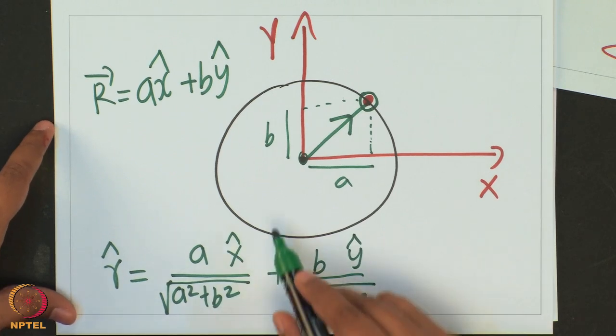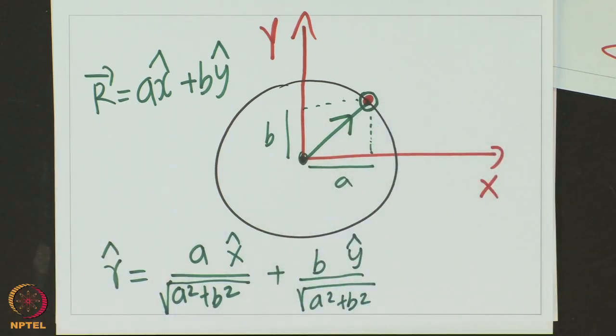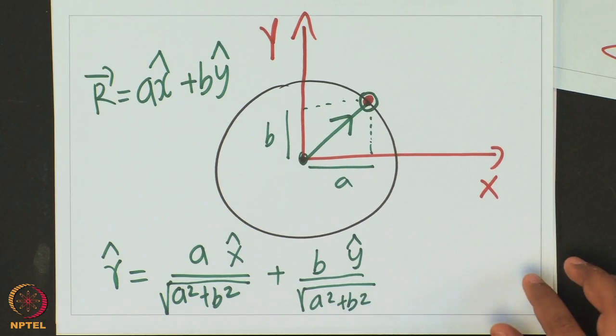This is a unit vector which would represent this direction. So this is something that we learned.